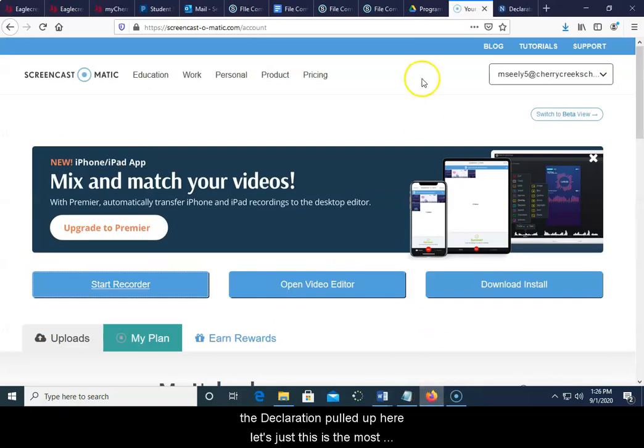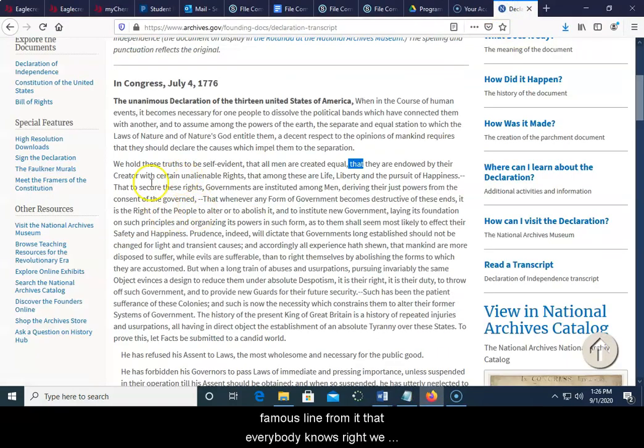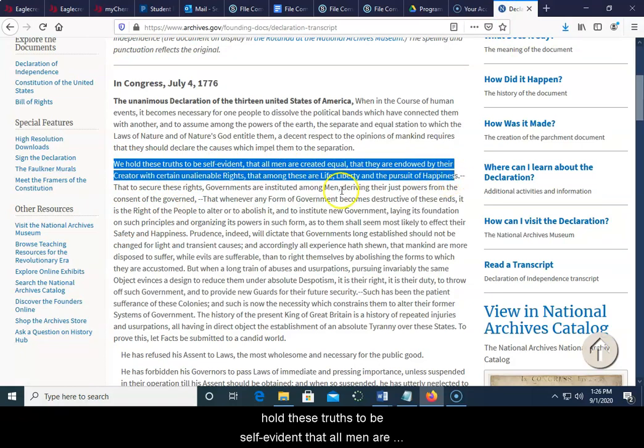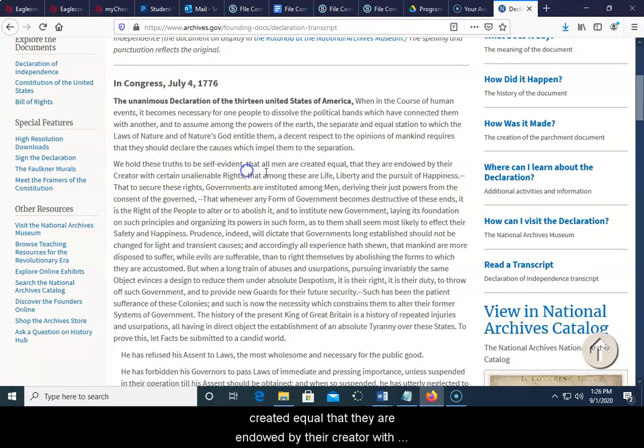C, I've got the Declaration pulled up here. This is the most famous line from it that everybody knows, right? We hold these truths to be self-evident, that all men are created equal, that they are endowed by their Creator with certain unalienable rights, that among these are life, liberty, and the pursuit of happiness.